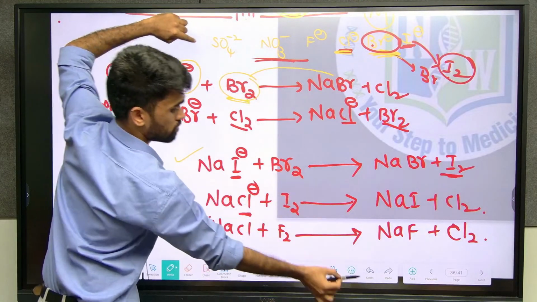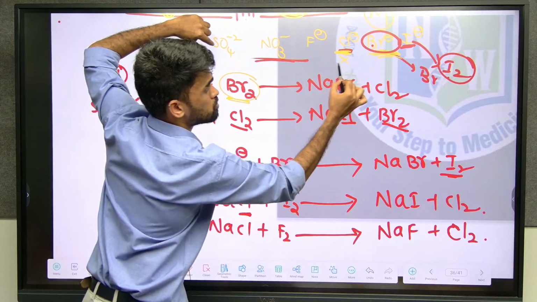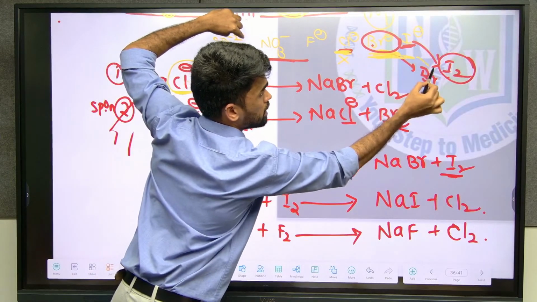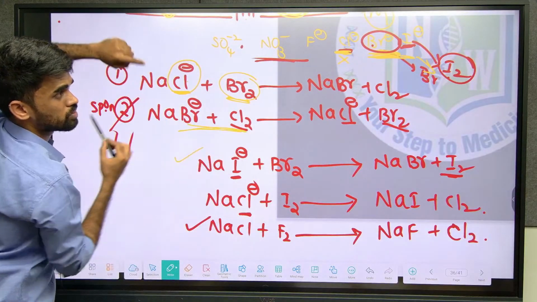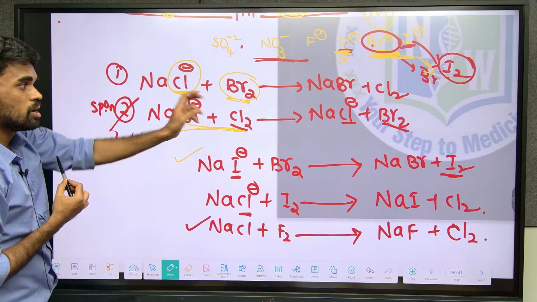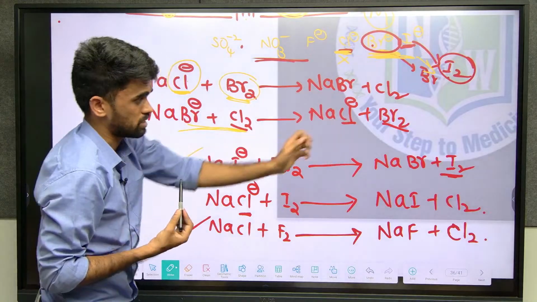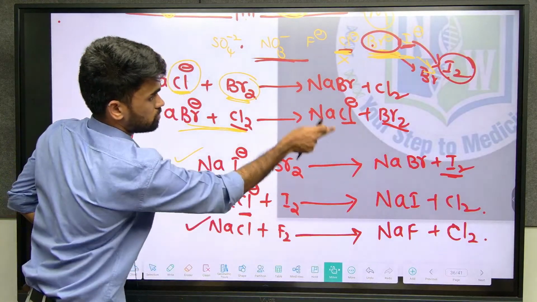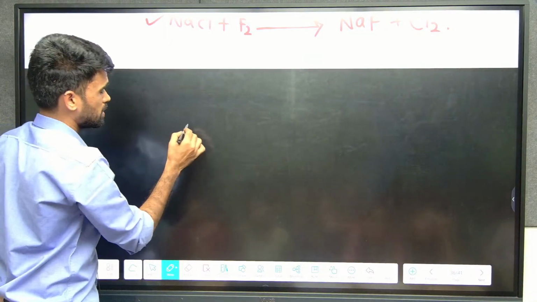So here, this chloride ion is there now, this side. This ion won't come out. If this side ion is there, only then will it come out. So here if you observe both of them, bromide ion and chlorine, which comes out? Bromide ion, because it is less electronegative, so comes out first. That's it. Okay, one last reaction, you tell me.